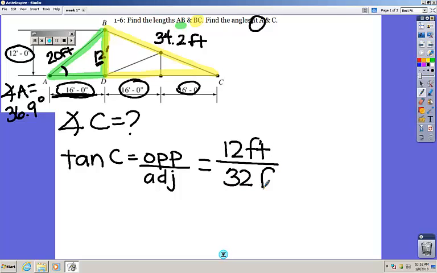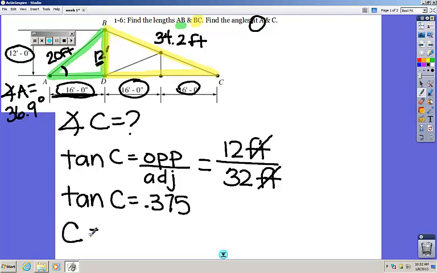So remember that the tangent of an angle is a unitless number, so you need to be sure that the units do in fact cancel, which they do. The feet cancel the feet in this case, and we plug into our calculator and we get the tangent of C is equal to 0.375.